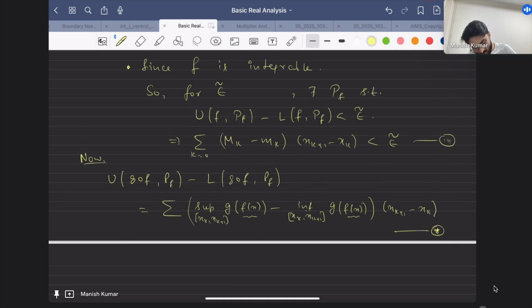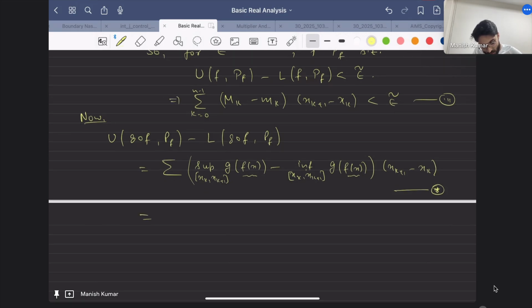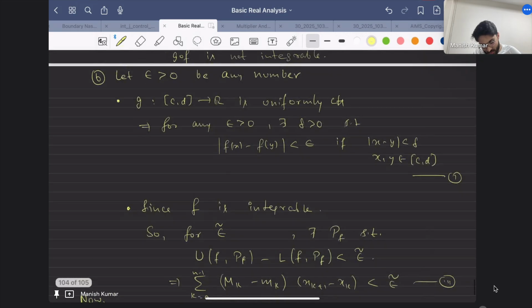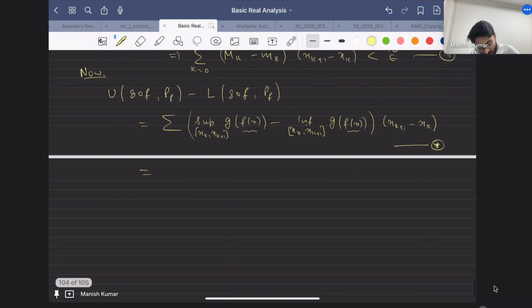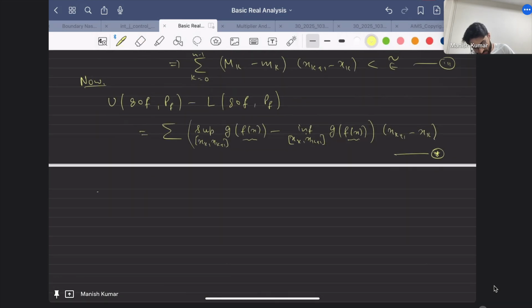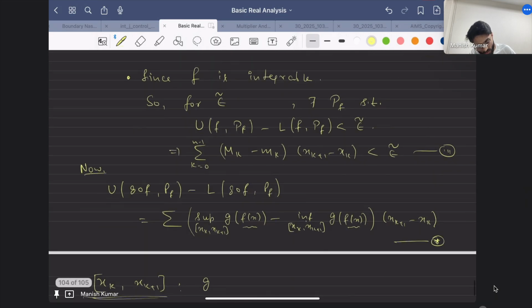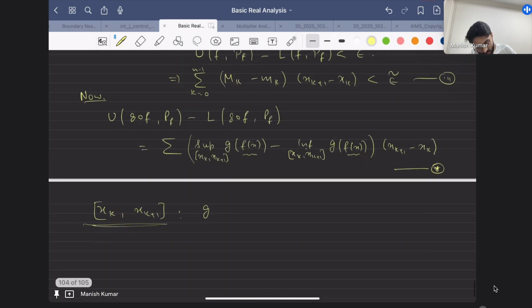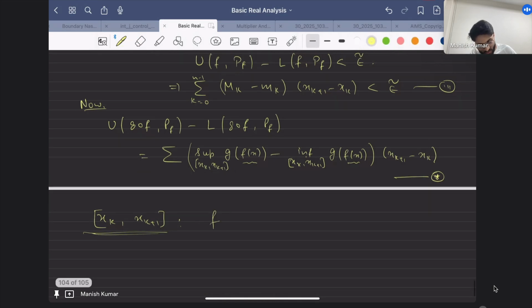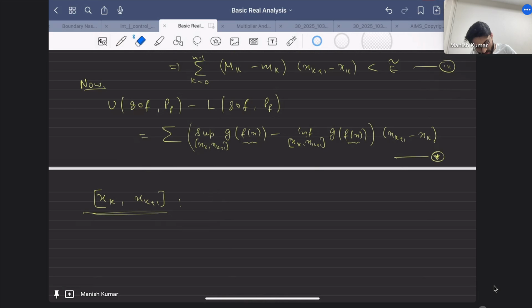Now over here I know that g is uniformly continuous. If I restrict my study to this set, f is not given to be continuous, but what I know is the supremum M_k, and I don't know whether this is small or not.